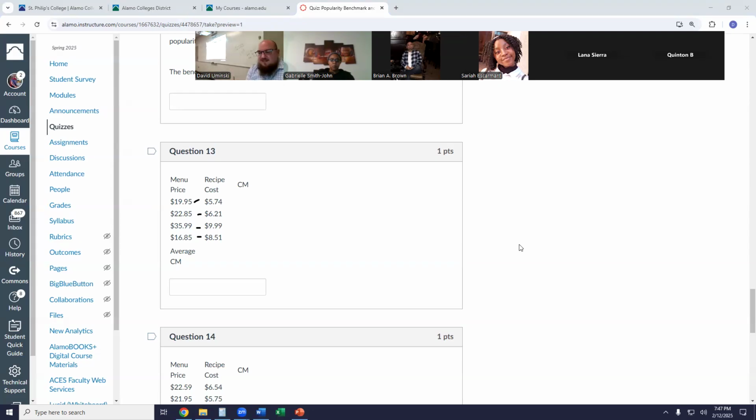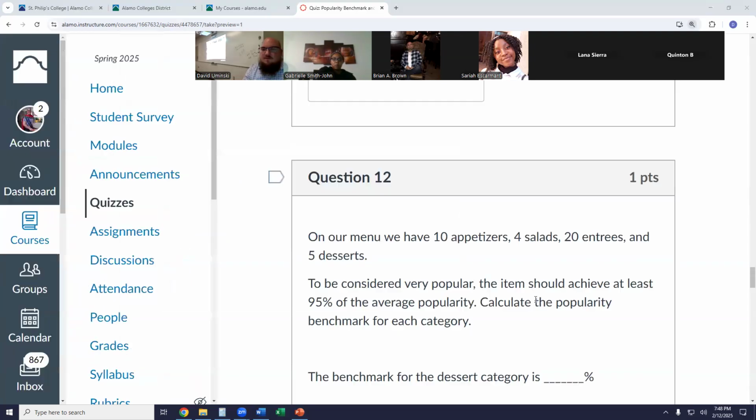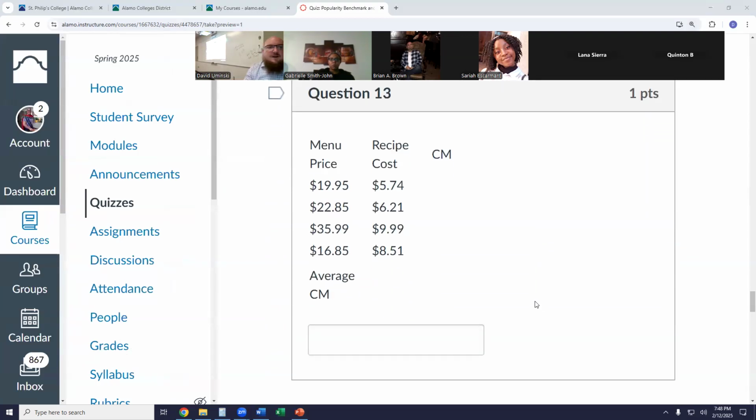We take 19.95 and subtract 5.74. That gives me $14.21. Hold on, I can zoom in here. There we go, that makes it a little easier to see.